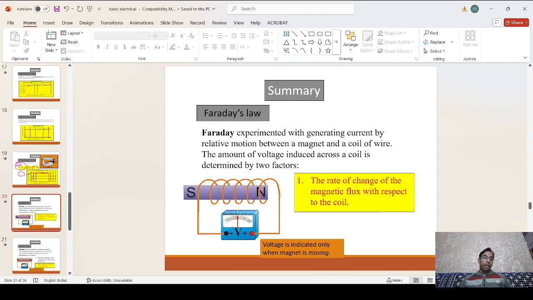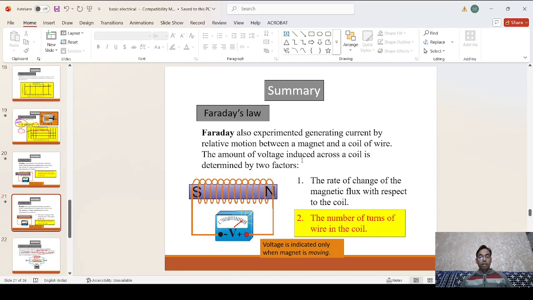This magnet is based on the Faraday law of electromagnetic induction. Faraday law is defined like this: this is the magnet, and the coil has a number of turns. According to Faraday's experiment, generating current by relative motion between a magnet and a coil of conductor, the amount of voltage or EMF induced across the coil depends on two factors: one is the rate of change of magnetic flux with respect to the coil, and another is the number of turns of the conductor in the coil.